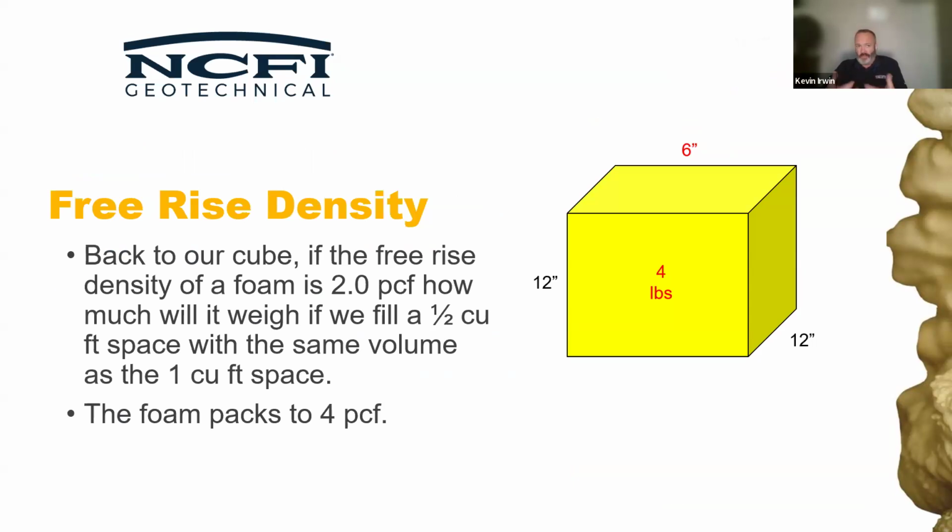Well, if it has half the space to expand into, the chemical reaction is still going to occur, but the foam will pack and become more dense. And it's that principle of packing that's going to make our deep injection function.